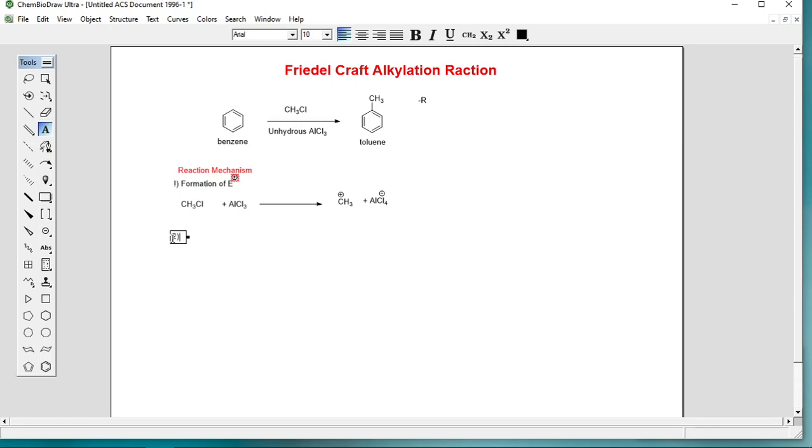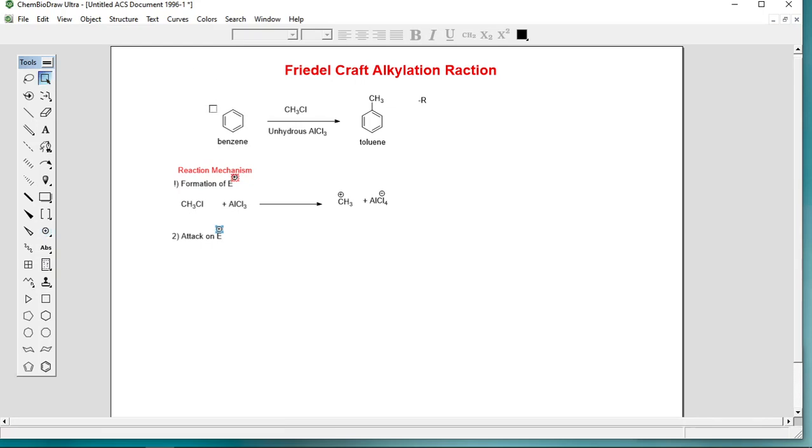AlCl4 minus. Second step. So in the second step, what happened? The attack on electrophile takes place. Here the electrophile is your methyl carbocation.